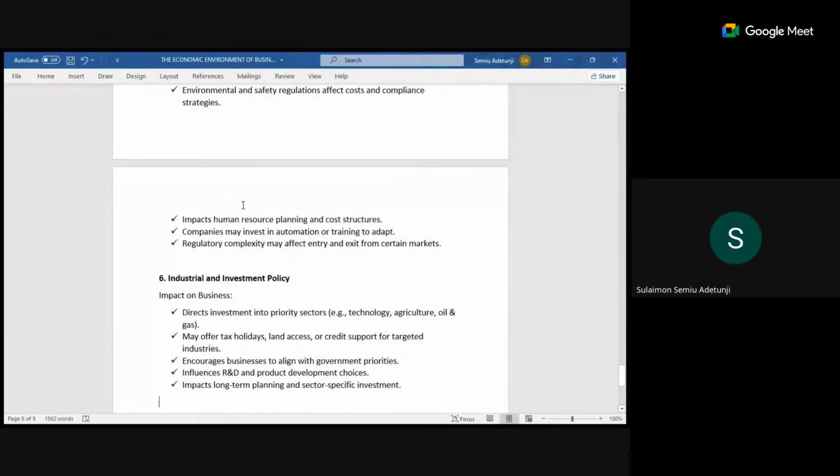Industry and investment policy. Impact on business. Direct investment into priority sectors like technology, agriculture, oil and gas.